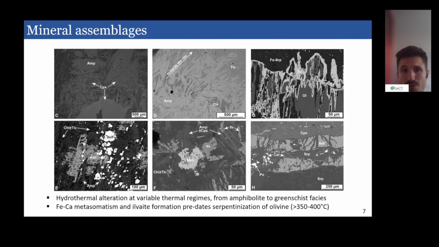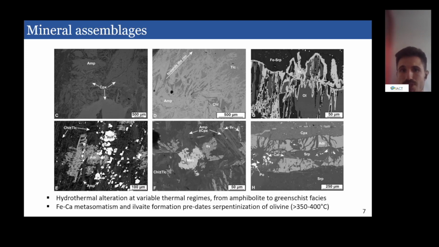One interesting observation was that at the contact between some magmatic veins and the host peridotite, iron and calcium-rich metasomatism occurred. And this was responsible for the formation of different phases, namely ilvaite, which is an iron and calcium-rich ferrosilicate, but also hydrogarnet, amphibole, and clinopyroxene.